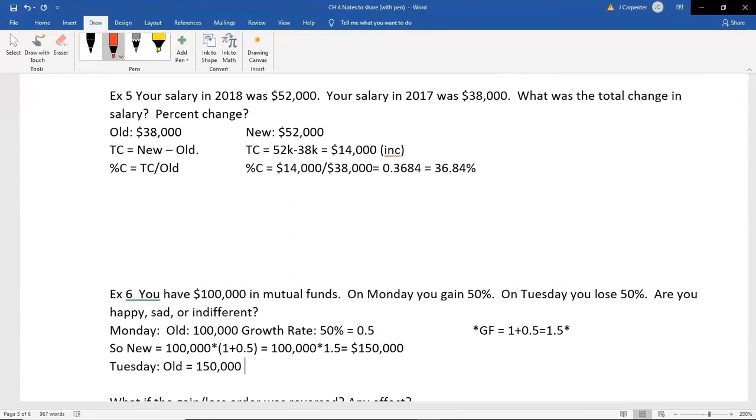Okay, so our old's 150,000. Now we're losing. We're on the dump cycle. So now instead of a growth factor, that's a decay factor. So our decay rate would be negative 50%, which is negative 0.5. Meaning the decay factor, DF, would be 1 minus the 0.5, which is 0.5.